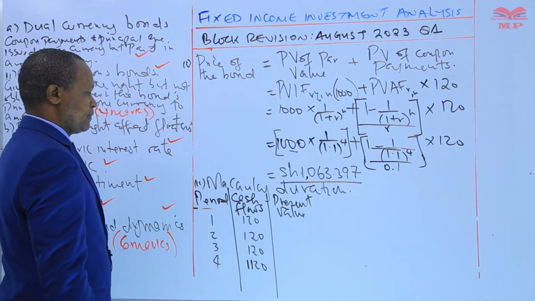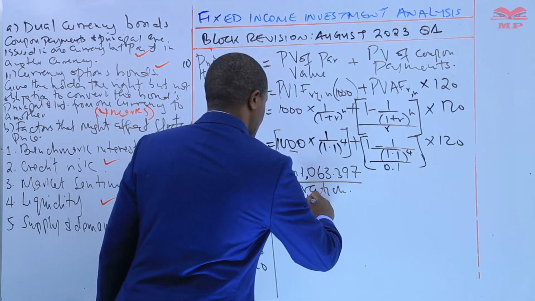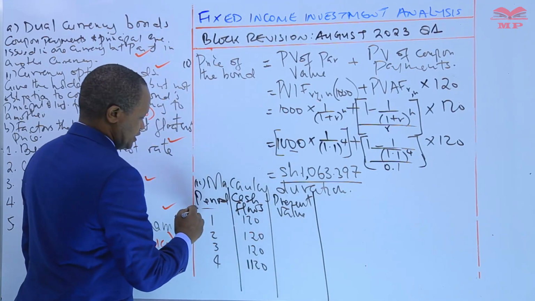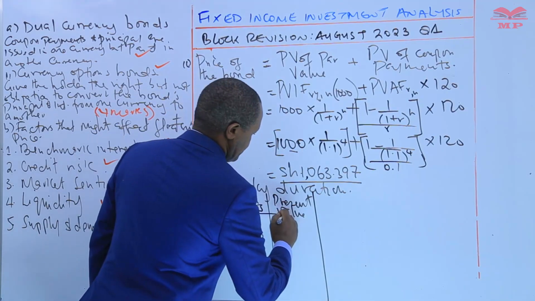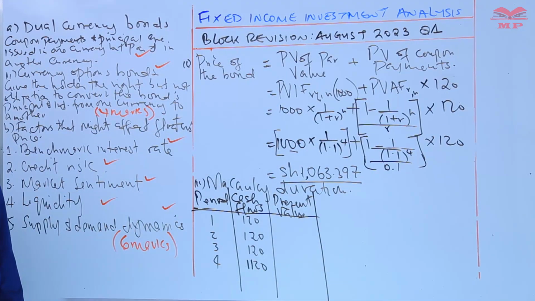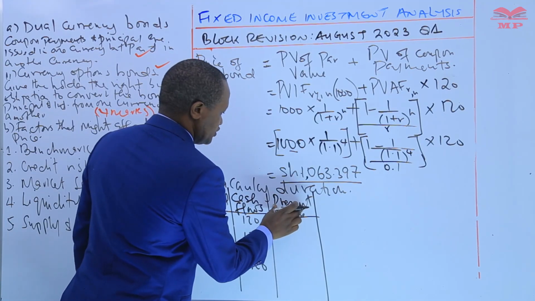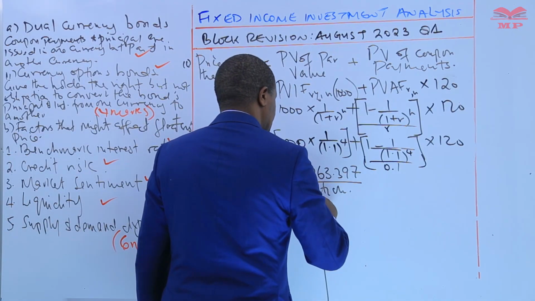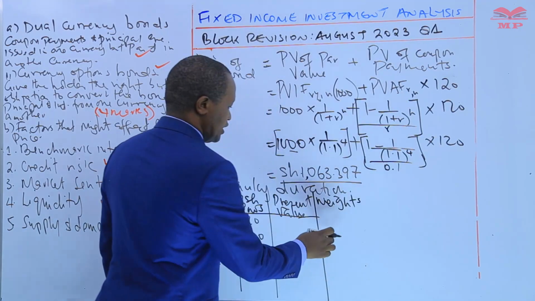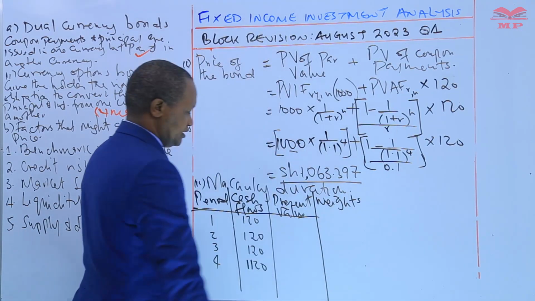Do you understand? So we're going to have the present values of these cash flows under that column. That is the present value. Then we'll use these present values to calculate the weights. We're going to have a column for the weights.